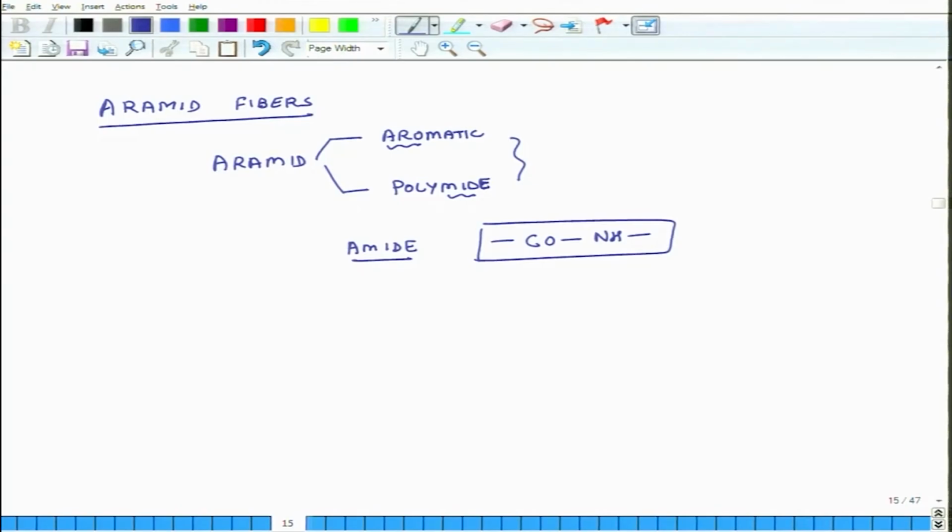An aromatic is typically associated with phenyl ring. So, it will be something like this. So, aromatic unit will be something like this. So, this is a phenyl ring.